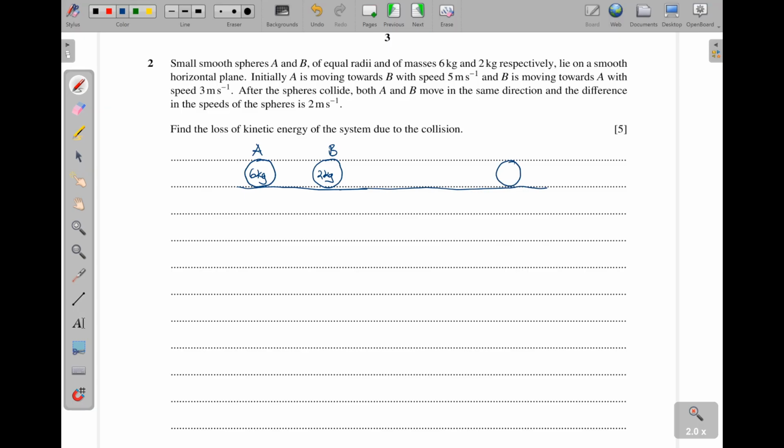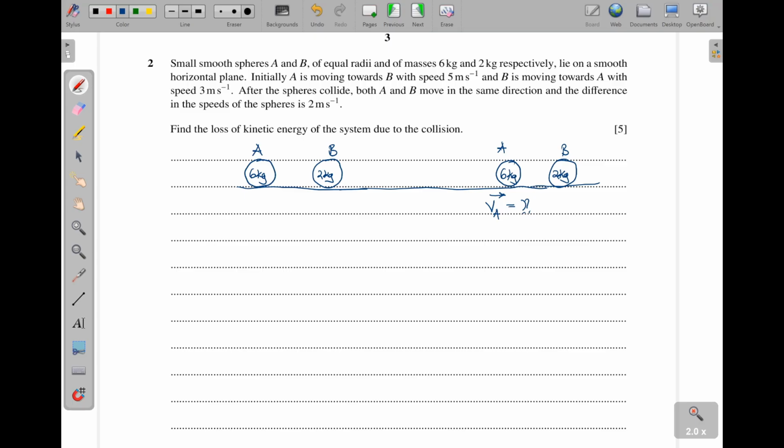Maybe this is the one after collision. I have 2 kilograms here still for B, and 6 kilograms here for A. Now V here for A; remember they are moving in the same direction after collision.